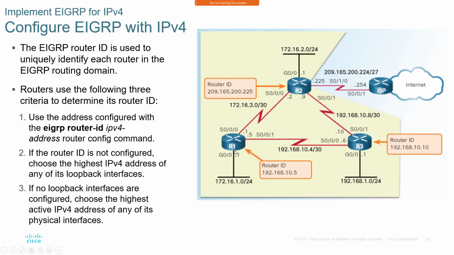So router 1 needs to assign itself a router ID. Because we have no loopback interface, router 1 will look up all the interfaces that are physical interfaces. So router 1 will look up this IP address, this IP address, and this IP address. The highest IP address will become the router ID. Now this router ID is only significant for the EIGRP process. That's it. It has no more meaning except that it is a way to identify what router is what router in the EIGRP configuration. That's all.